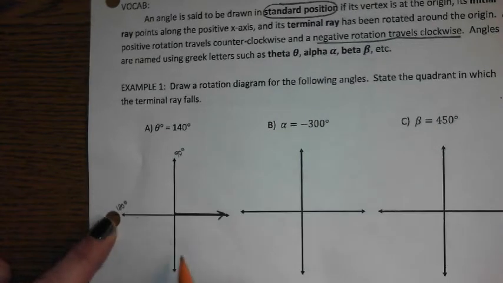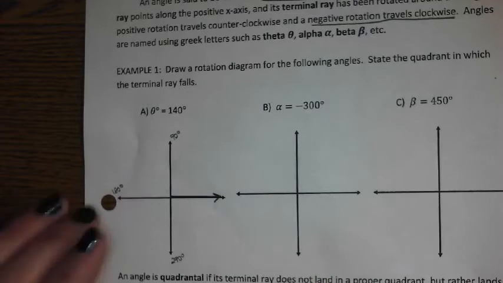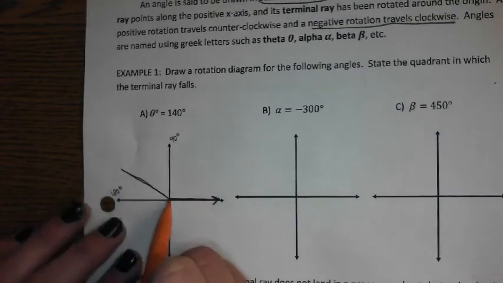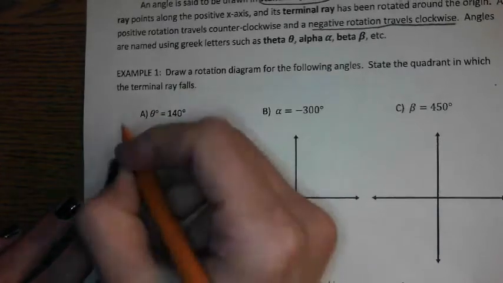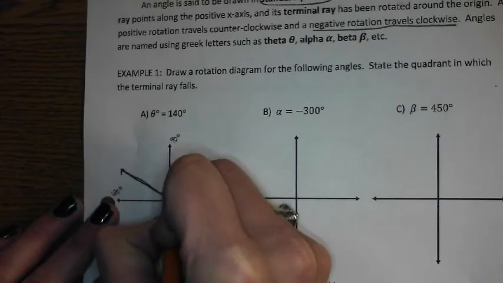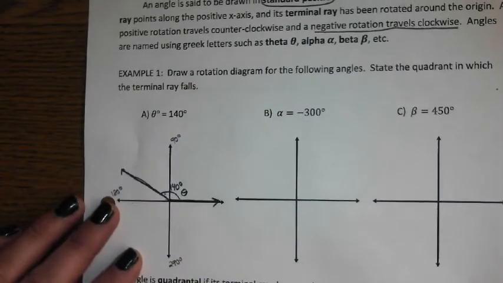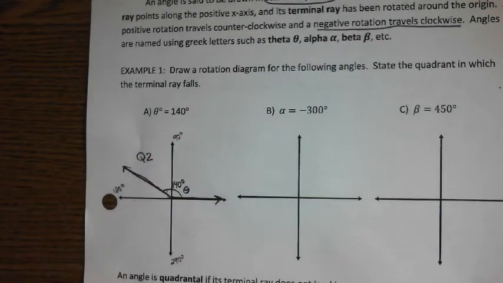How many is this one? 270. Okay, so 140 is obviously going to fall how many degrees shy of the 180? Right. So that's going to be 140 degrees. That's your theta. And so that's a Q2 angle.